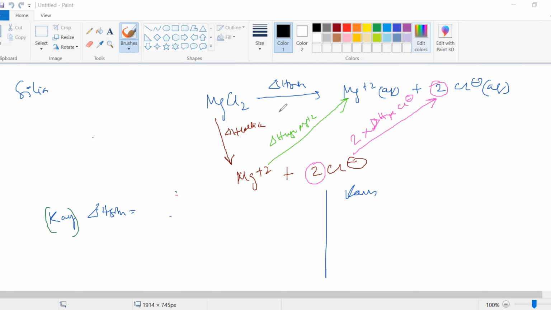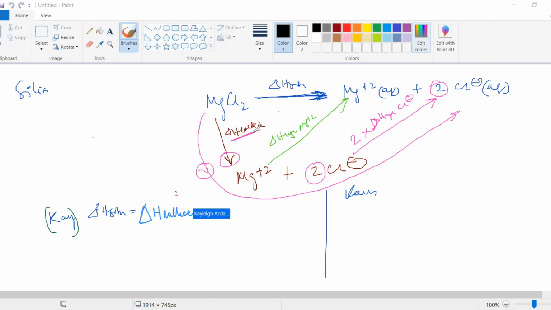Yeah, hello? Delta H solution, right? This is the thing we are going through. You can go by the alternative path, like this, see the arrowhead. So delta H lattice, write down, Celia, delta H solution will be equal to delta H lattice.